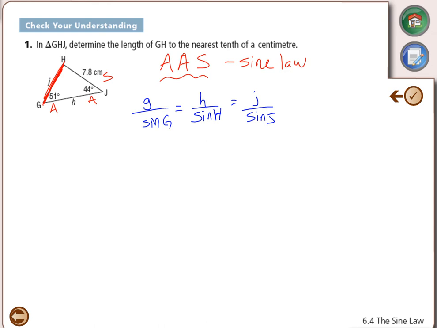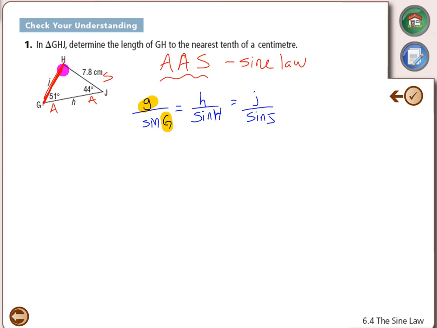We've been given that angle G. Well, we don't know anything about the H, not the side length, but we could actually figure out this angle, because all angles in a triangle have to add up to 180.